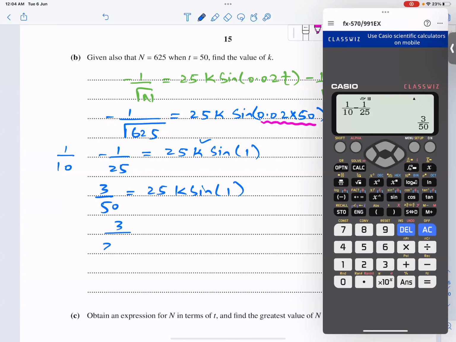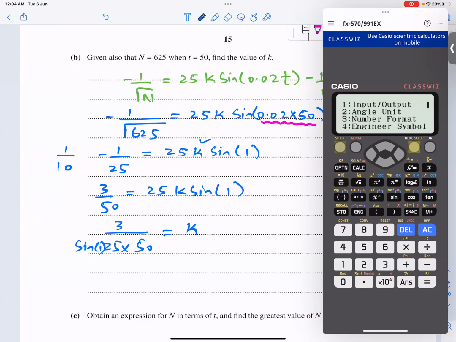So you can multiply 50 on the left side along with sine of 1. This is the value of k. Okay. So first of all, we will change the angle unit to radians. Now k will be 3 divided by sine of 1, close bracket, then times 25.